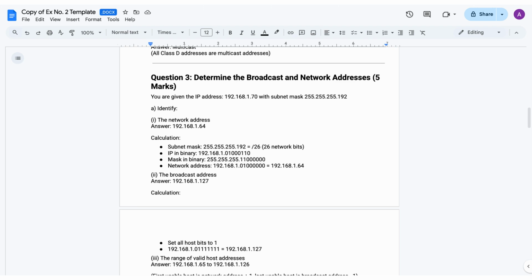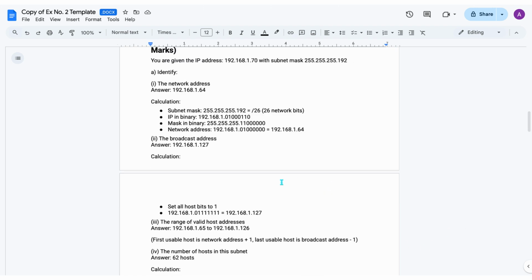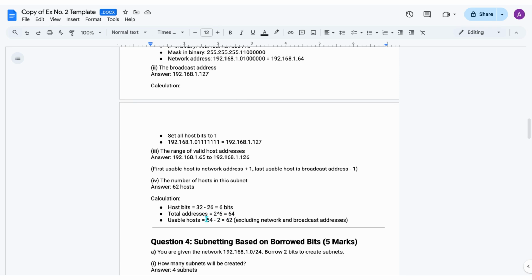The network is 192.168.1.64, and the broadcast address, where all the host bits are set to 1, is 192.168.1.127. This gives us 62 usable host addresses: the total is 64, and we subtract 2 because we exclude the network and broadcast addresses, so the final answer is 62.